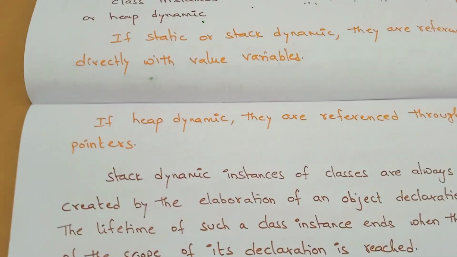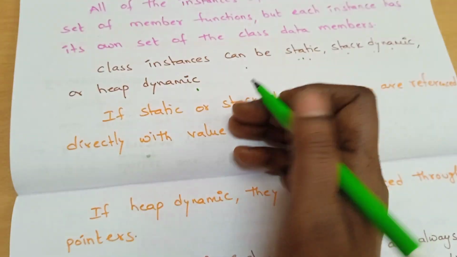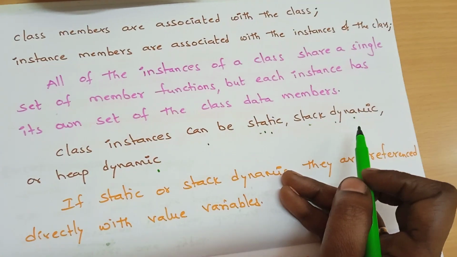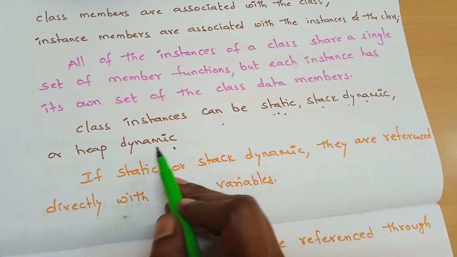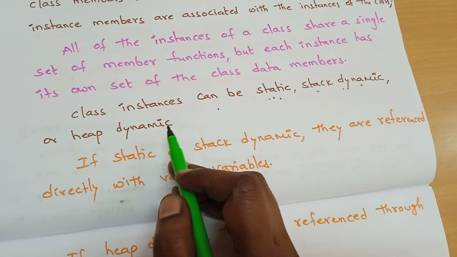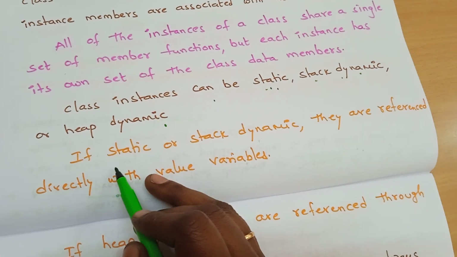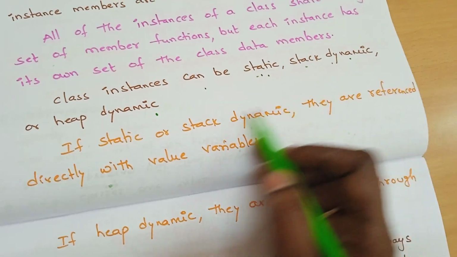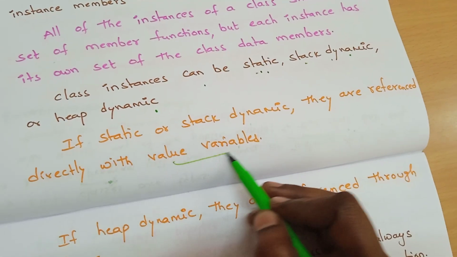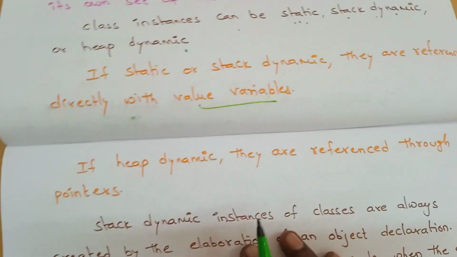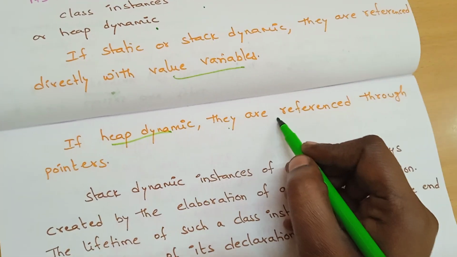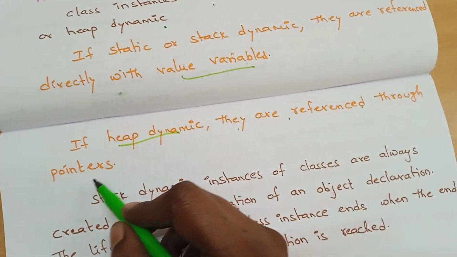The instance of a class can be static, stack dynamic, or heap dynamic. As far as C++ is concerned, if the instance is static or stack dynamic, it is referenced directly with value variables. If the instance of the class is heap dynamic, it is referenced through pointers.